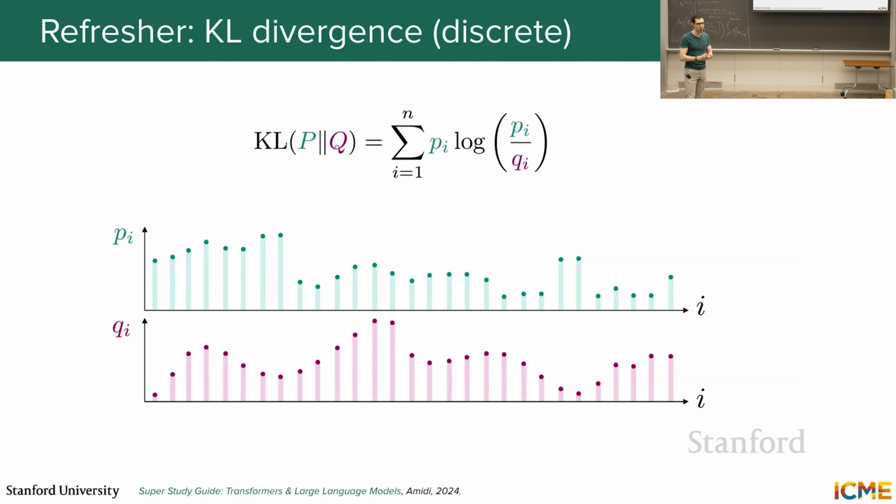But before that, I'm going to, again, give you some refresher of a very important concept that is the KL divergence. Who has heard of KL divergence? Yeah, everyone? Okay. I'm just going to remind you what KL divergence is.